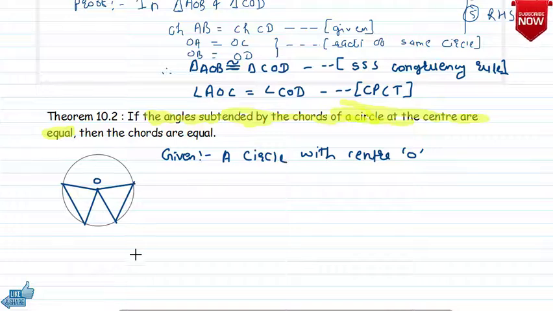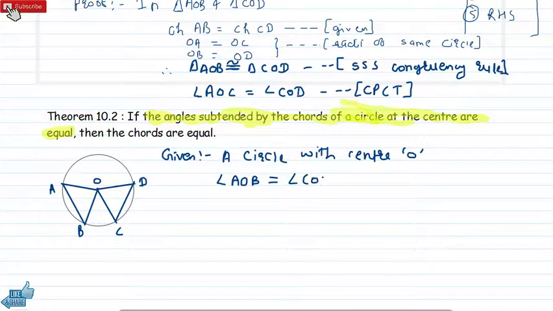What do we have to prove? We have to prove what is given. I give the names the same: angle AOB and here COD. So angle AOB is equal to angle COD.